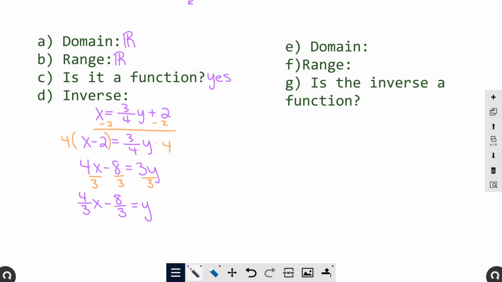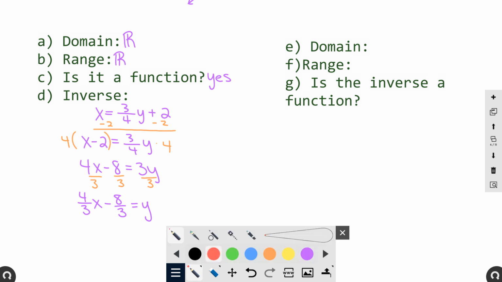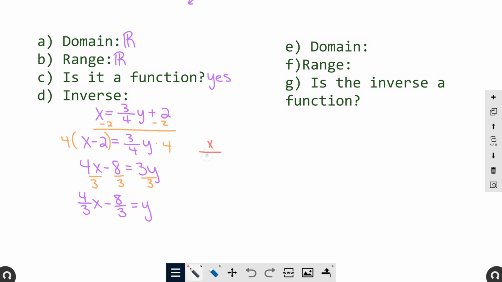Now, I have seen some people, and I want to tell you, do not do this. They get to this step here and they say, okay, I'm going to divide everything by 3/4, and they leave their answer like this. Have you seen a fraction inside of a fraction? No. So don't do it this way. Just split it up into 2 steps. Multiply everything by 4, divide everything by 3.